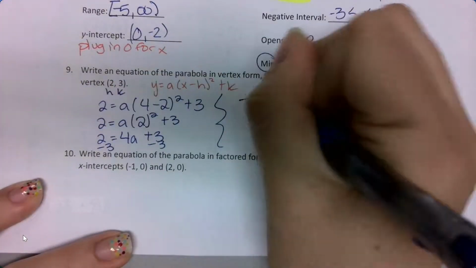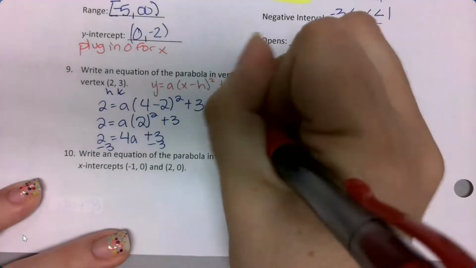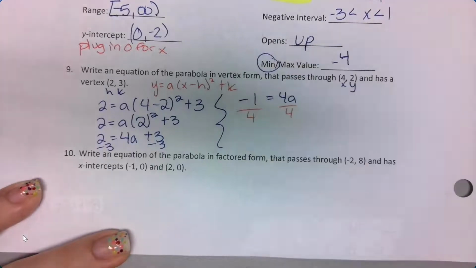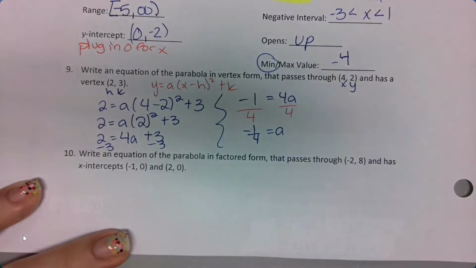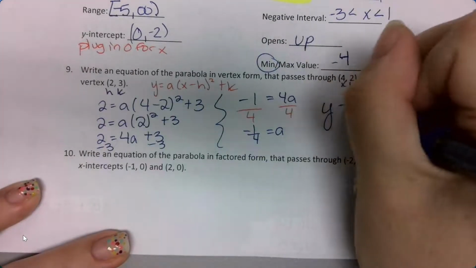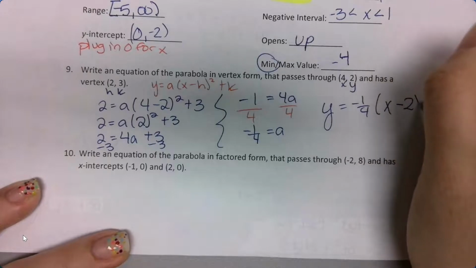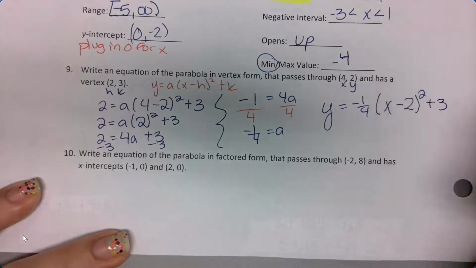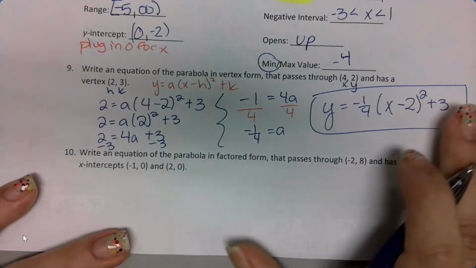I get negative 1 equals 4a. I want to isolate my variable, so I'm going to go ahead and divide both sides by 4. So I get negative 1/4 equals a. And then I plug back into the equation. So I have y equals negative 1/4 x minus 2 squared plus 3. So the x and y should be the only letters that remain at the end.